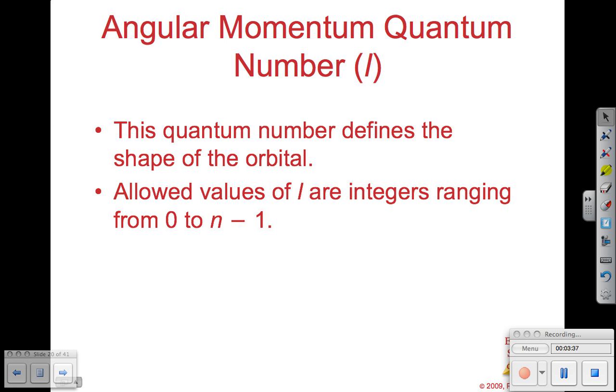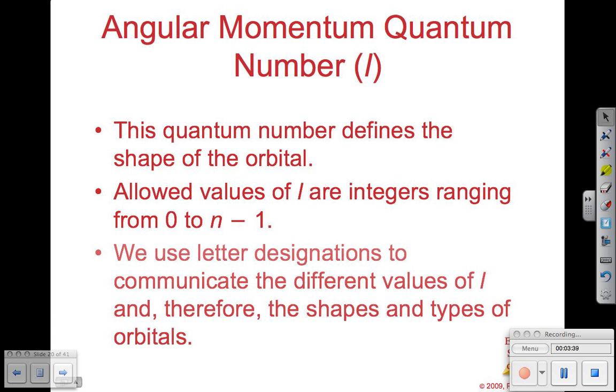Values can be integers ranging from 0 to n minus 1. So if the energy level n is equal to 1, then l can only be equal to 0. But if n is equal to 2, then you can have variety there.